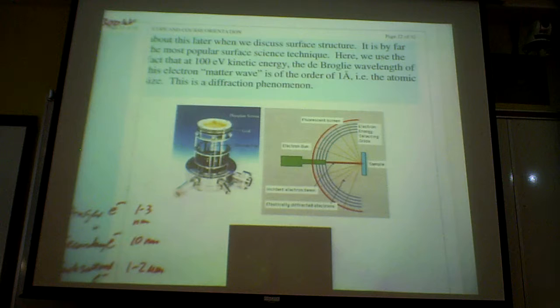This is very nice because 1 angstrom is the typical crystal spacing of your lattice, and this is why you would have diffraction phenomena. When your wave is very close to your grid, which is your surface, then you would have diffraction, and you would have these spot diffraction patterns.